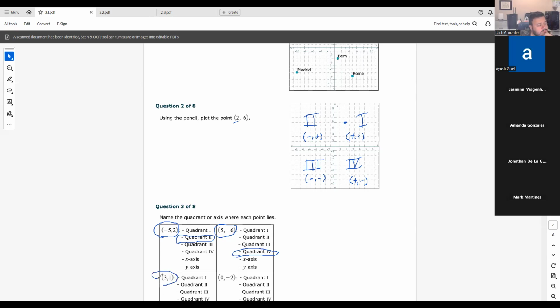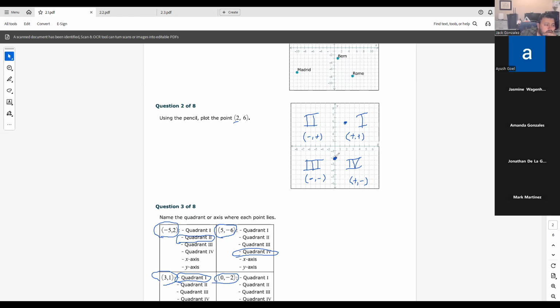And the last two? 1 and, well, actually, 0 is where exactly? 0, negative 2 would be right here, right?